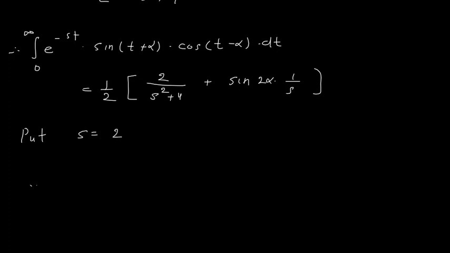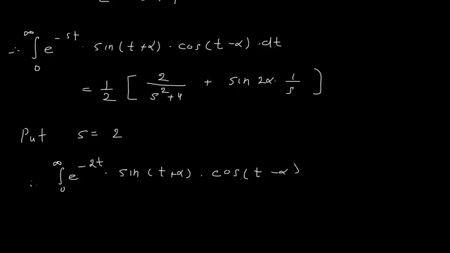We get the integral from 0 to infinity of e raised to minus 2t sin(t plus alpha) cos(t minus alpha) dt.